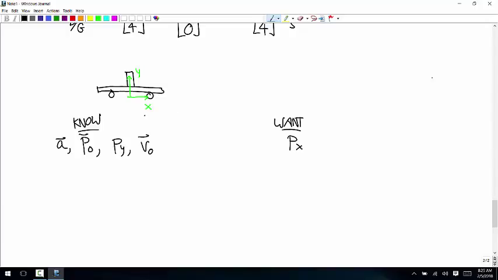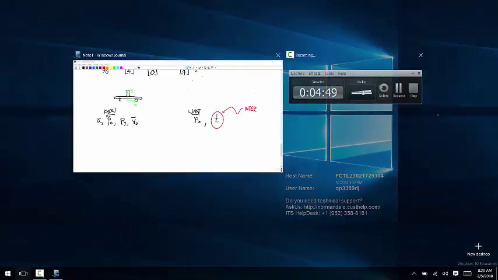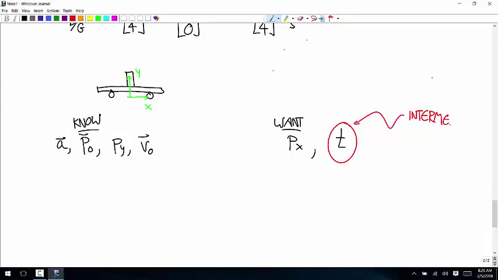Right. And so what we want to do instead is set this aside and calculate t and see if that helps us. Okay, so this is just an intermediate variable. We would have been happy if we didn't have to get time, but yeah.